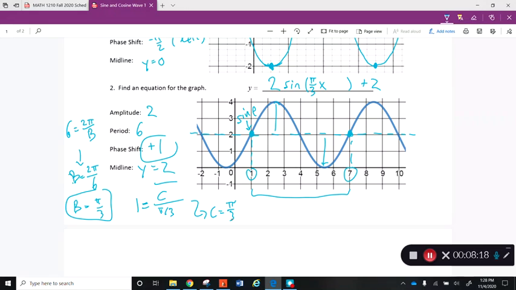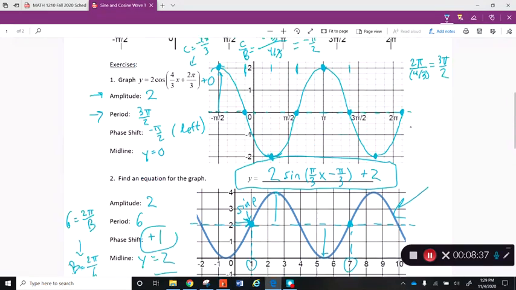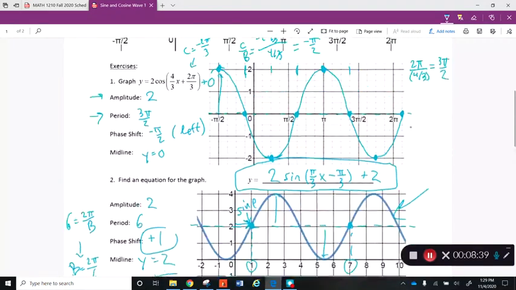So solve that for c, and you get pi over 3. Since we're moving to the right here, we just subtract that c value, like that. And we did it. So that right there is the equation for this sinusoidal curve, or this wave function.